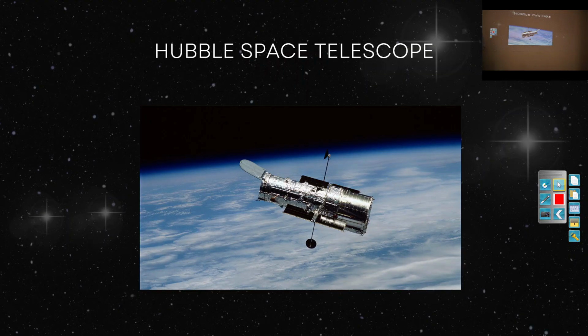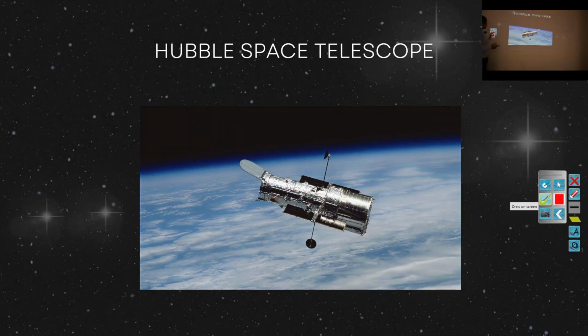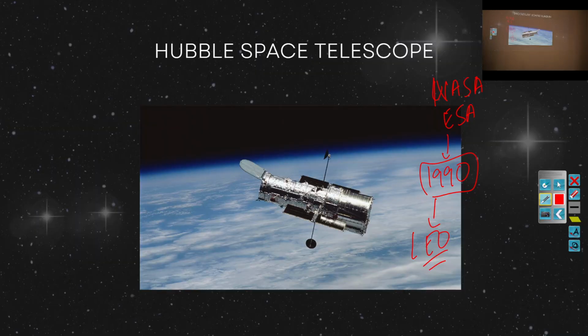Then we have the Hubble Space Telescope. It was launched by NASA and ESA in 1990 in the low Earth orbit. The Hubble Space Telescope was in low Earth orbit, but now it is retired, and its replacement was the James Webb Space Telescope.